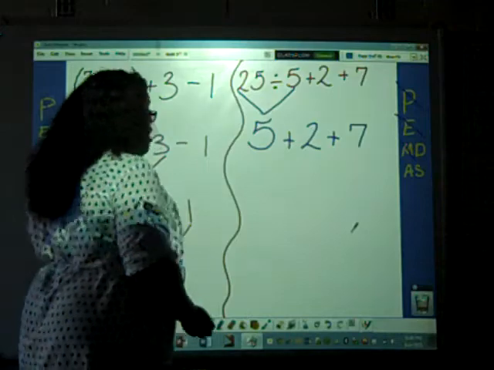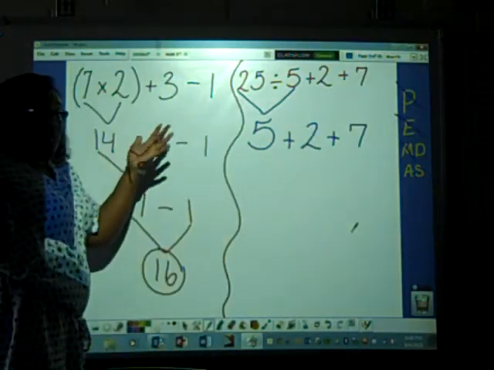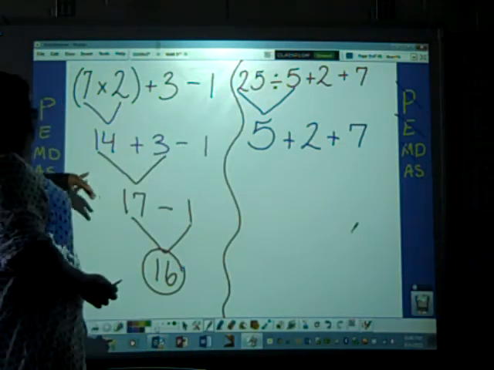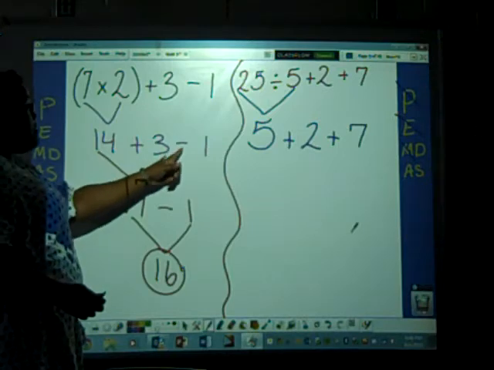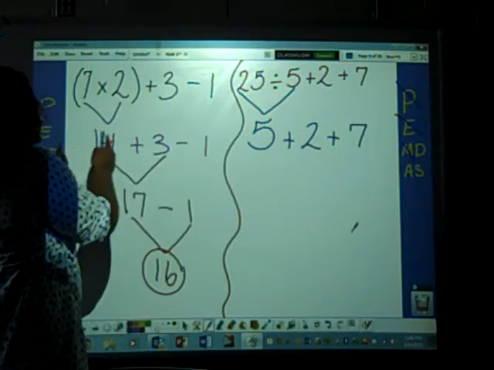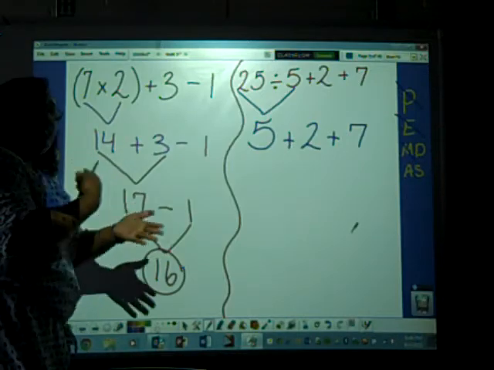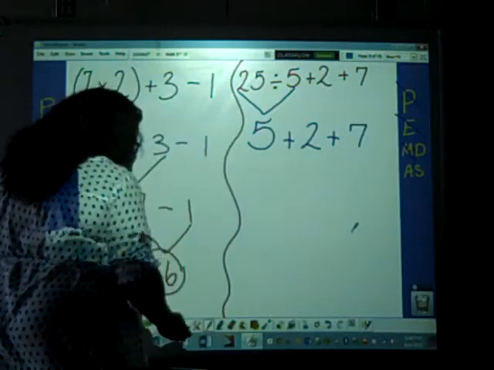I like to start from left to right because we read a story starting from left to right. And when we have PEMDAS and we have two of the symbols, addition, subtraction, or multiplication, division, we have to solve from left to right. So let's keep that routine going. Let's keep on solving from left to right.